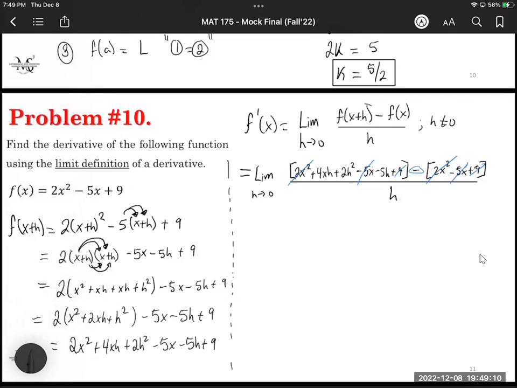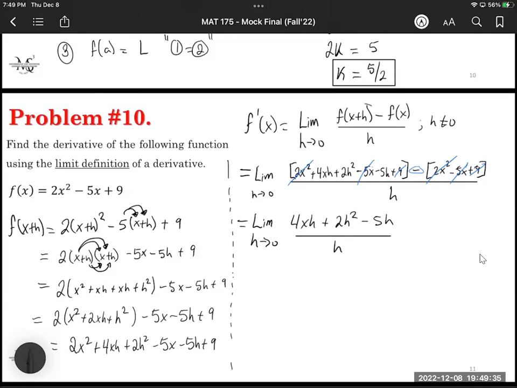Essentially, all the terms of the original function get eliminated. That was precisely 2x squared, negative 5x, and positive 9. The terms that remain are the terms that include an h, so it's 4xh plus 2h squared minus 5h, and all of that gets divided by an h.